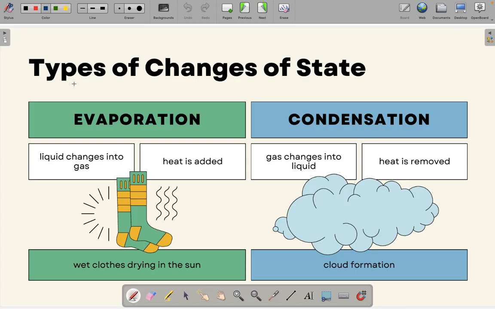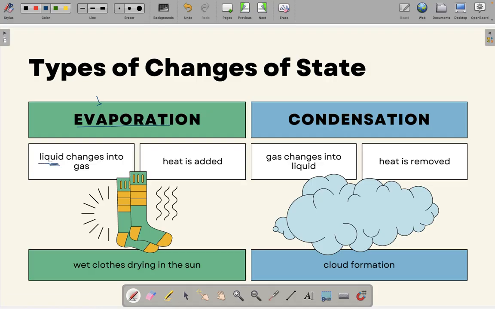And then you have other types of changes of state. The first is evaporation. What is evaporation? Yeah, when water changes to vapor. And condensation means when vapor changes to water, right? When we talk about evaporation and condensation, it is not only limited to water, you have to generalize it to liquids.